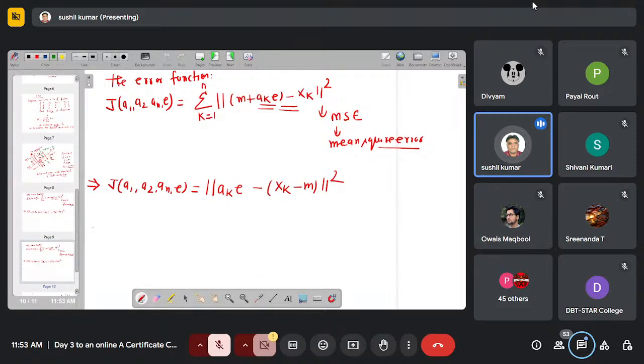So this is simple mathematics here. I will open this equation first. a of k square, and e is there. So e, I will take the square, plus 2, sorry, minus, it will be minus here.